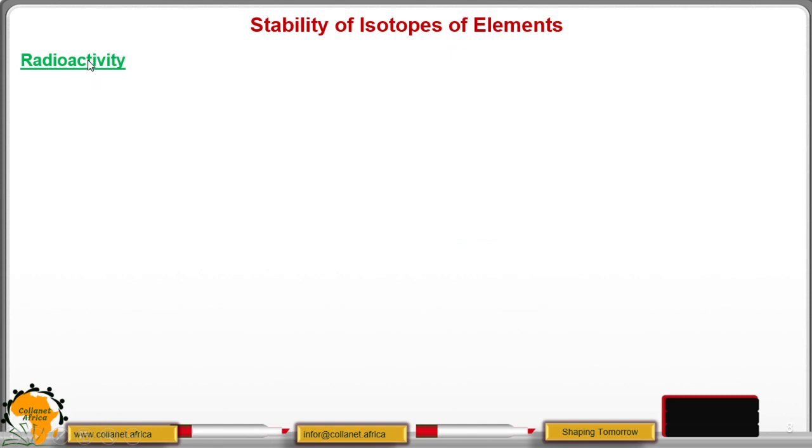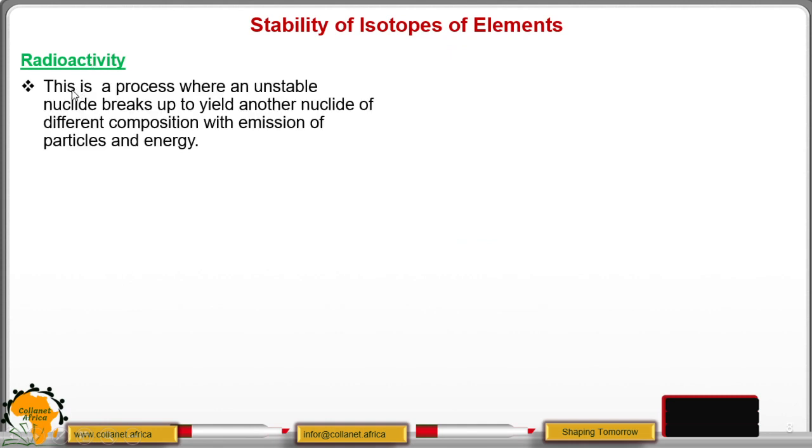Then from there we can move to radioactivity. This is a process where an unstable nuclide breaks up to yield another nuclide of different composition with emission of particles and energy. We can also say that it is spontaneous disintegration.